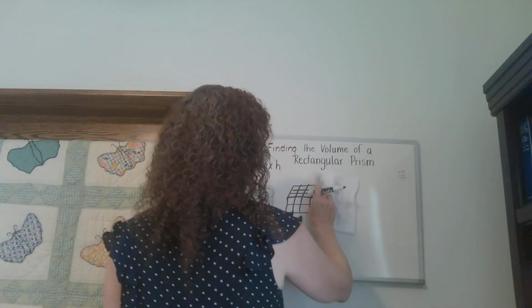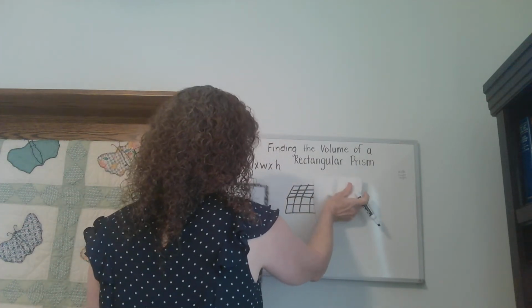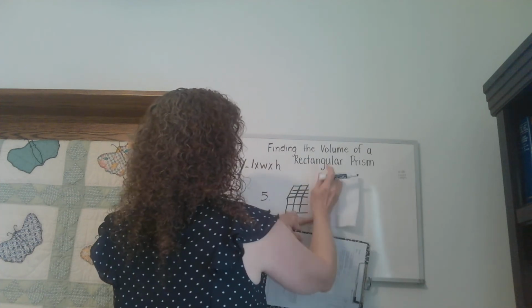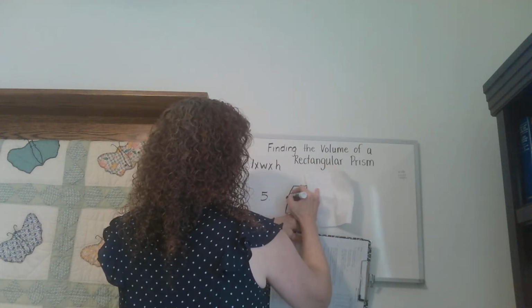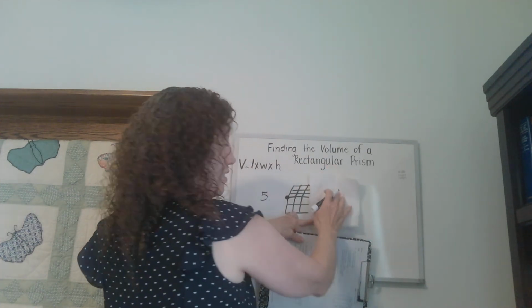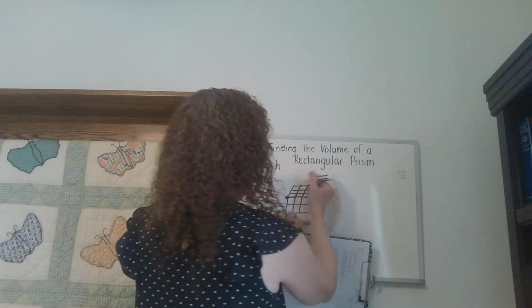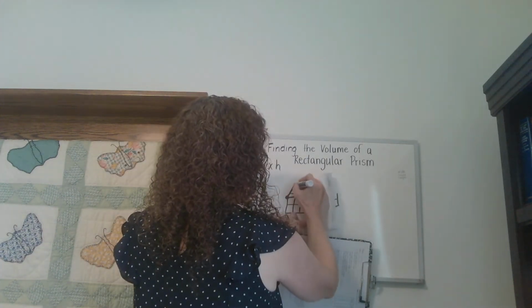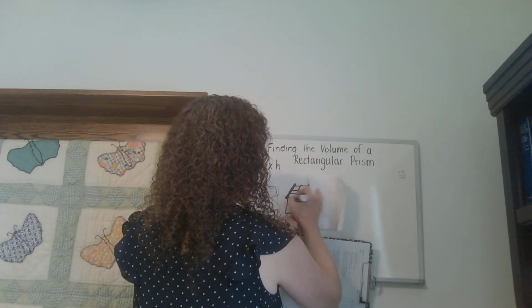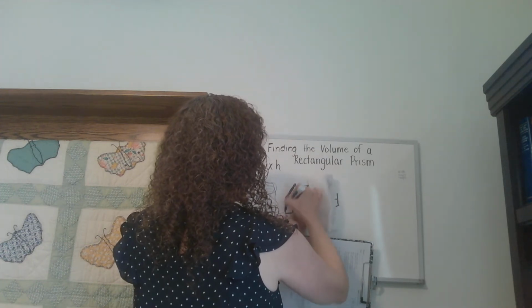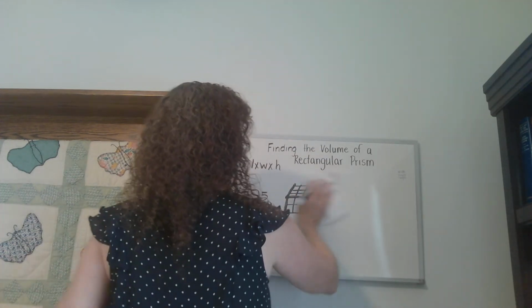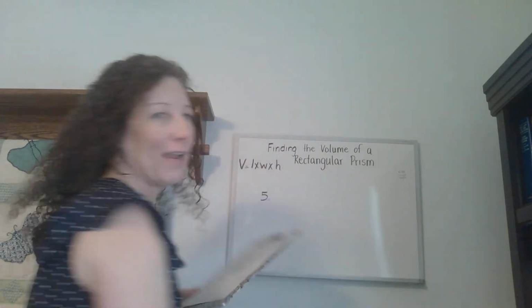Okay, I'm just going to cover that part up. I'm going to show you right here, we're going to draw a dot right there, and then we would go up, across, and down. Okay, so much for that great drawing there.